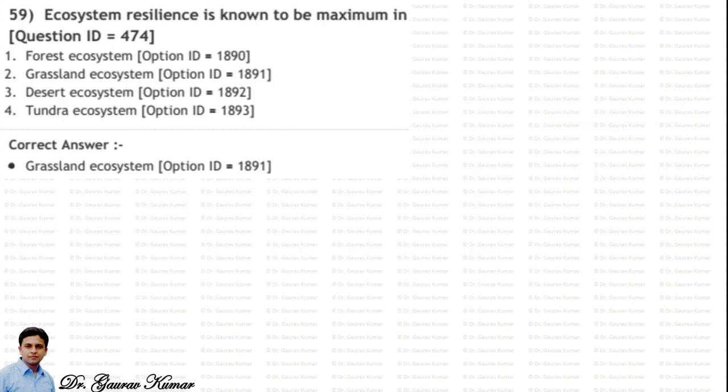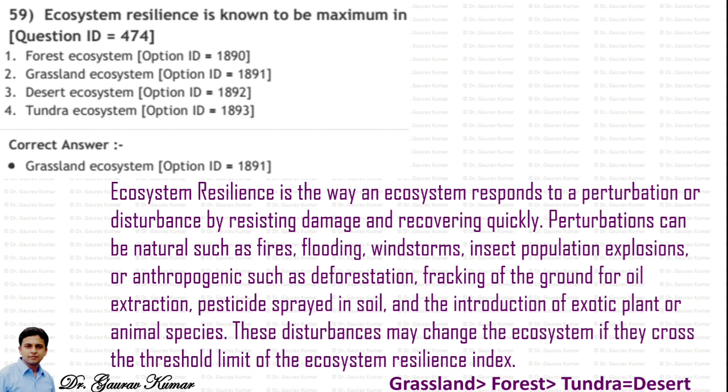Next question. Ecosystem resilience is known to be maximum in. Ecosystem resilience is the way an ecosystem responds to a perturbation or disturbance by resisting damage and recovering quickly, that is, how conveniently an ecosystem responds to a disturbance and how quickly it recovers from that.